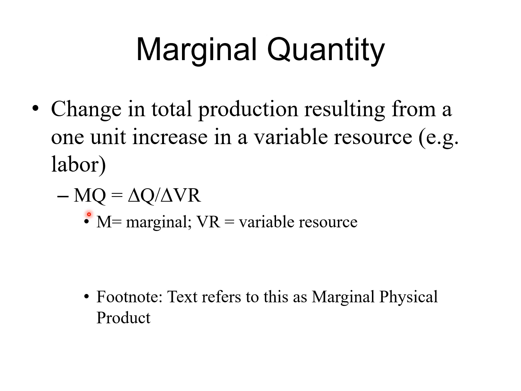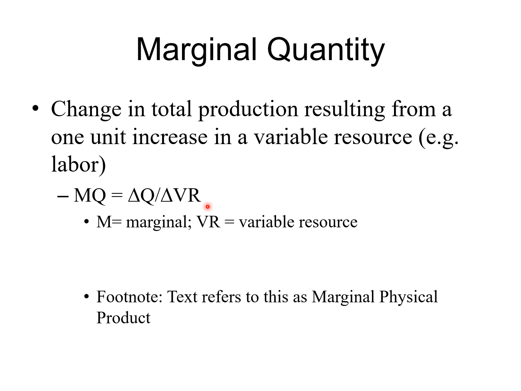So when we talk about marginal quantity, we're talking about the marginal quantity produced, the change in the total quantity based on one more variable resource. Largely when we talk about variable resources, we're talking about laborers. So we're talking about how much of our total change in quantity is the result of the next laborer being added.